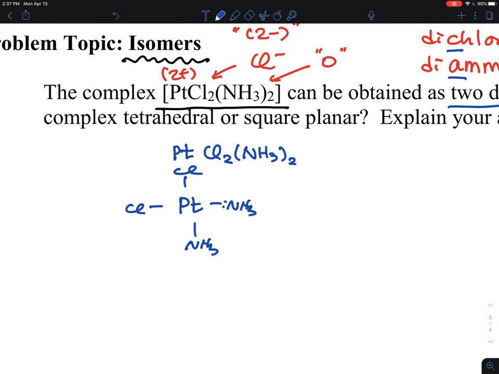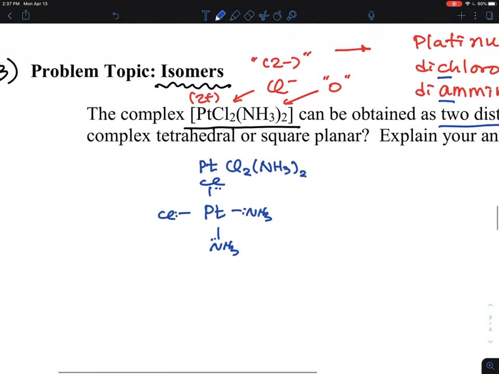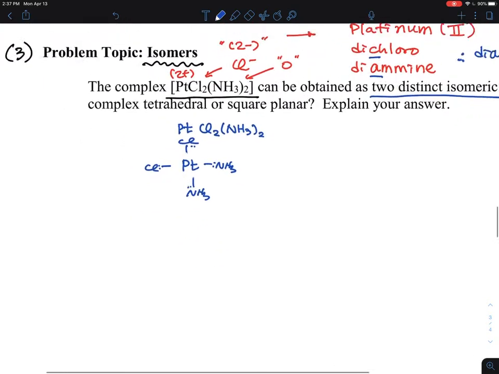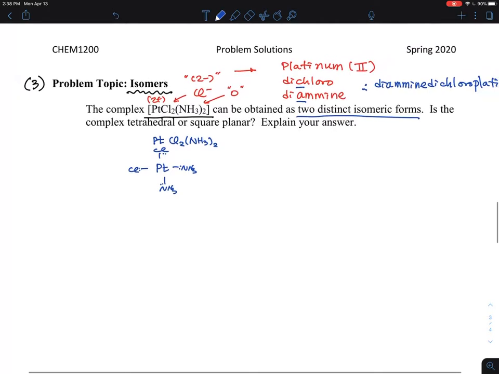Okay, so it has lone pairs. They told me that this complex is tetrahedral or square planar. And the fact is, this compound can be obtained in 2 distinct isomeric forms.